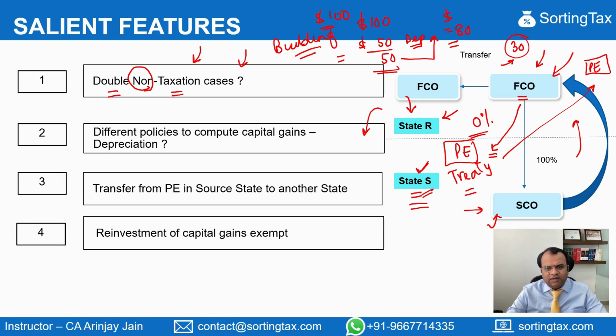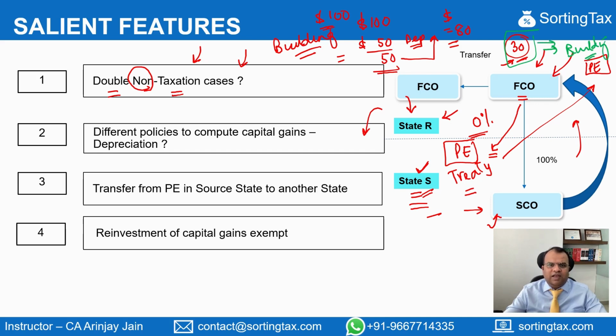Reinvestment of capital gains exempt from tax. Now, this can happen when the domestic tax laws of the source state allow for exemption of capital gain. So even if capital gain arises, let's say here, but the law provides that if you invest this into another building, we will exempt this capital gain.